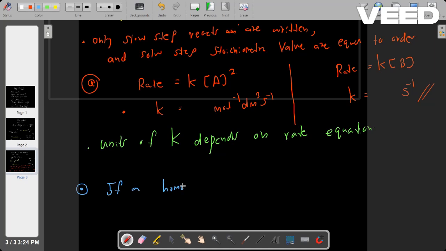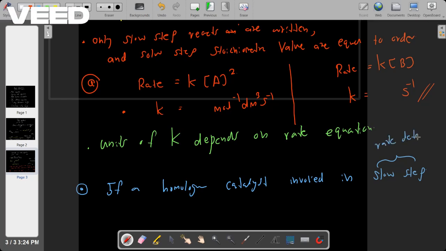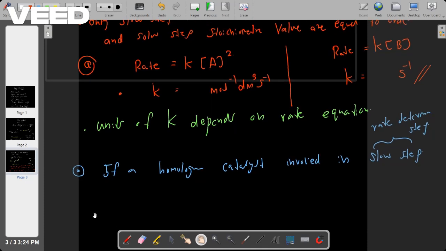If a homogeneous catalyst is involved in the slow step, the rate determining step, then the catalyst appears in the rate equation.